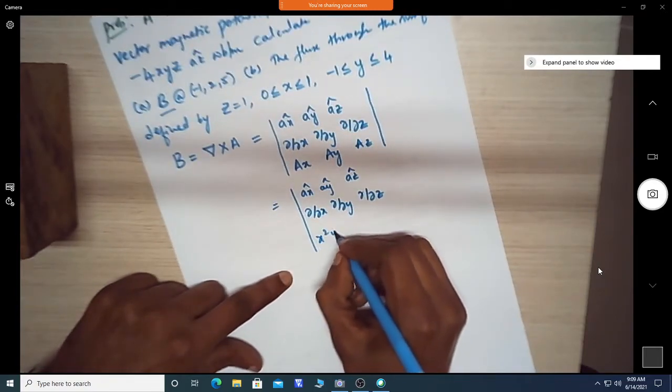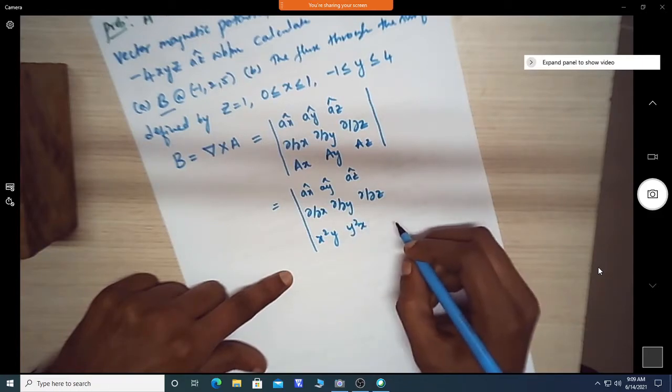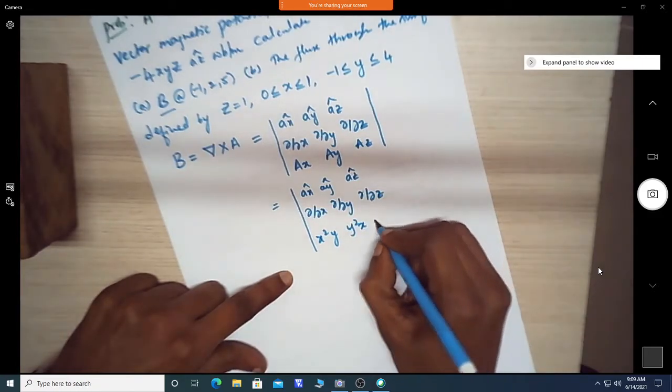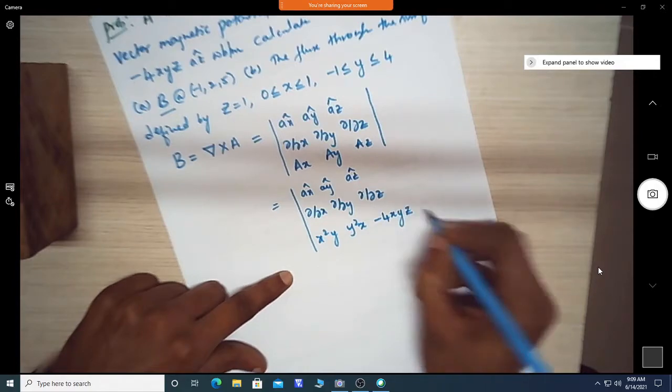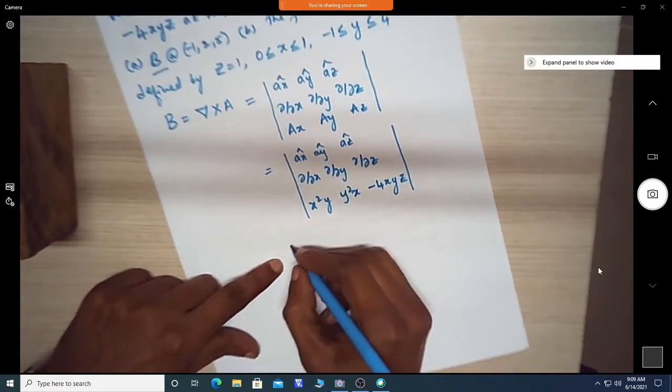That is x square y in the ax direction, y square x in the ay direction and minus 4xyz in the az direction.